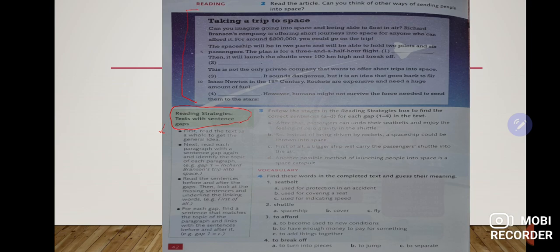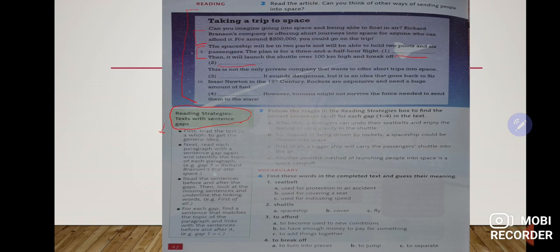Each paragraph here contains a sentence that has a gap. This is the gap. And identify the topic of each paragraph.